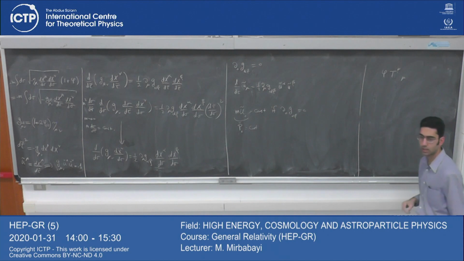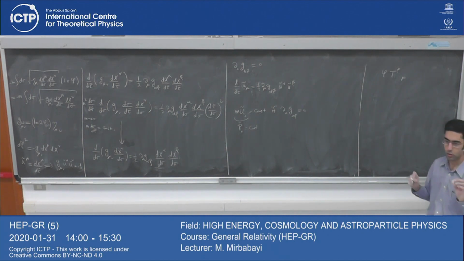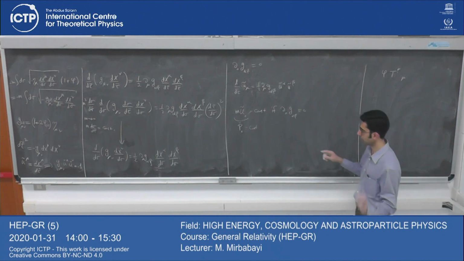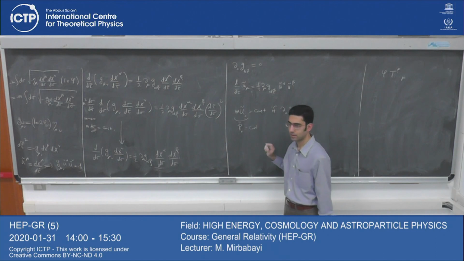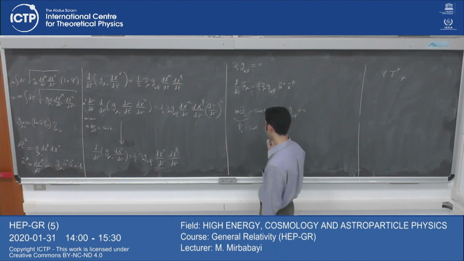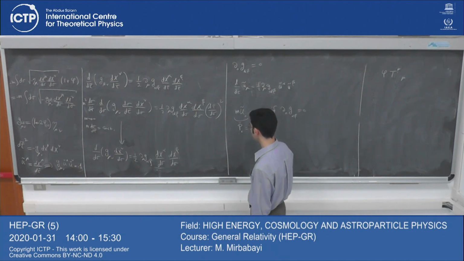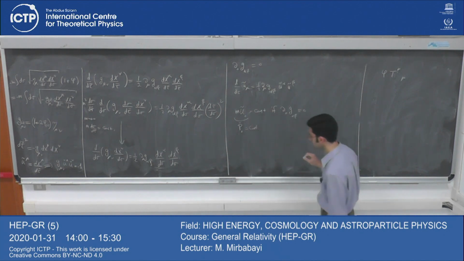So this tells me that the zeroth component of the four momentum is a conserved quantity when it is written with a lower index. The zeroth component of the covariant four momentum is a conserved quantity.